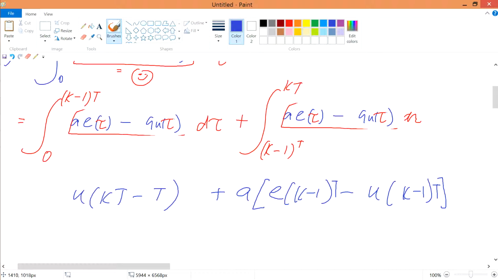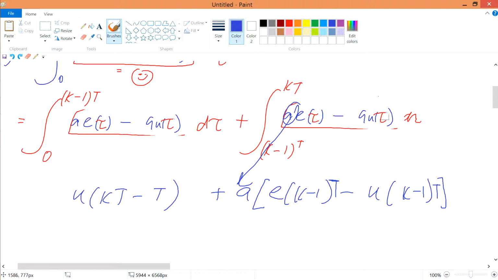So don't ask me why we do this. I also don't know why we do this. But this thing over here becomes this one, while this thing over here becomes this. Your A is here, your e^tau becomes e^((k minus 1)t). This is t, okay?